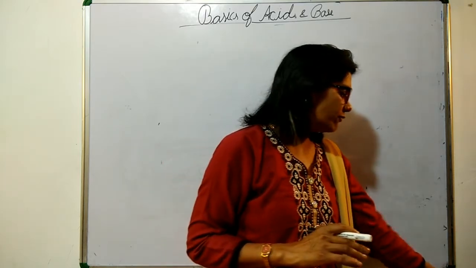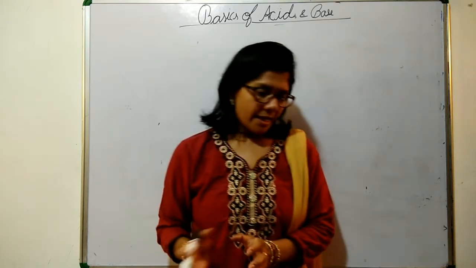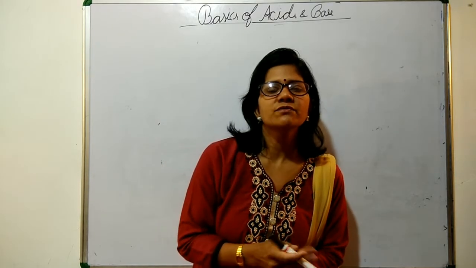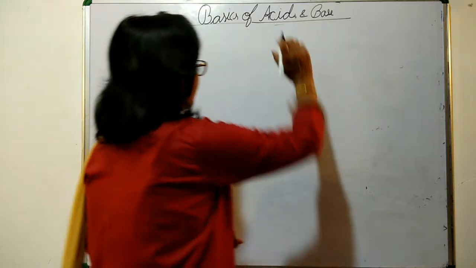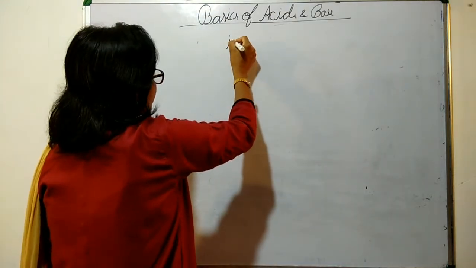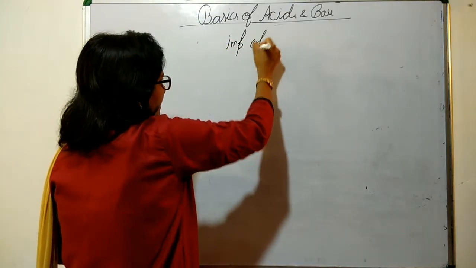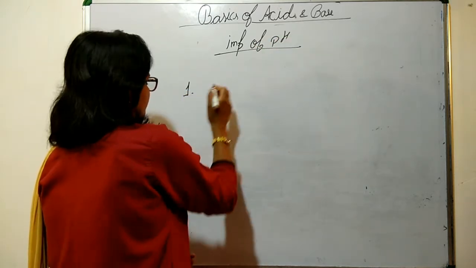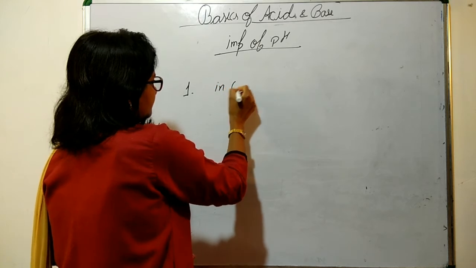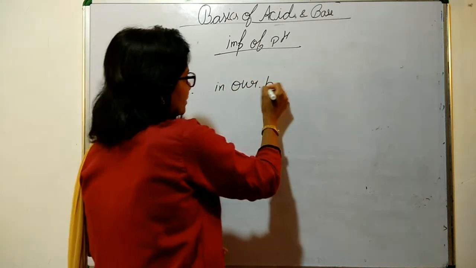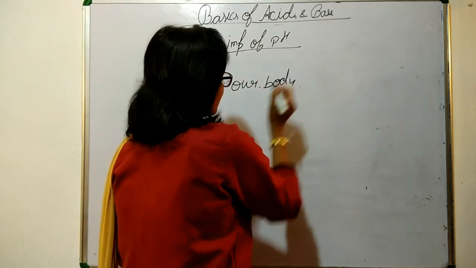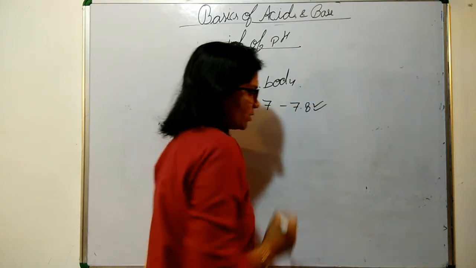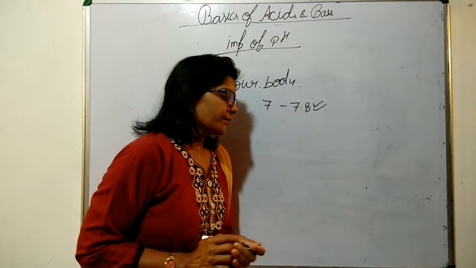The optimum pH for our body is 7 to 7.8. I am discussing the importance of pH, first in our body, which works very efficiently in the 7 to 7.8 pH range. It is a very optimum pH.